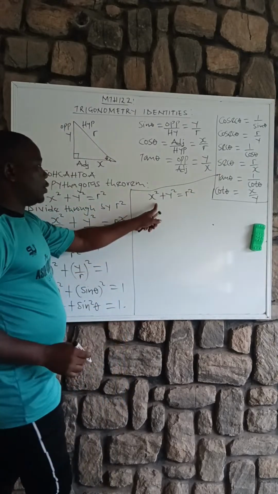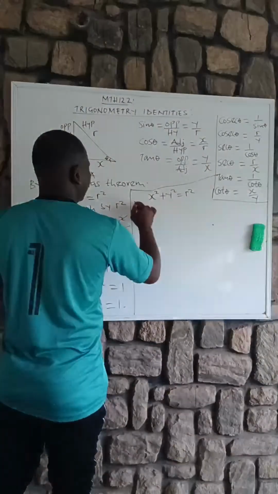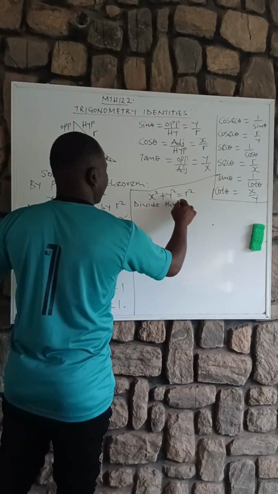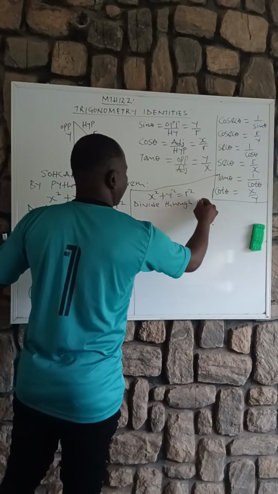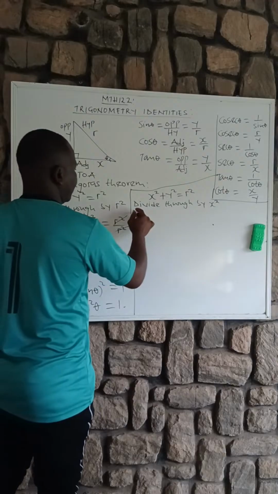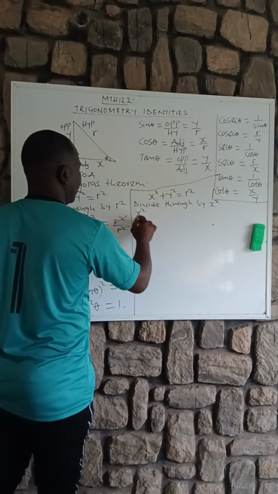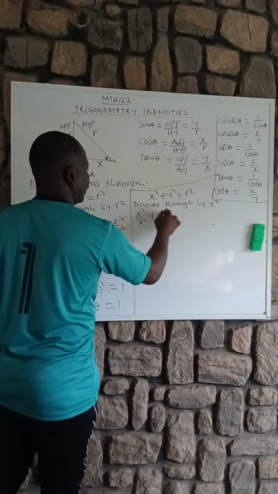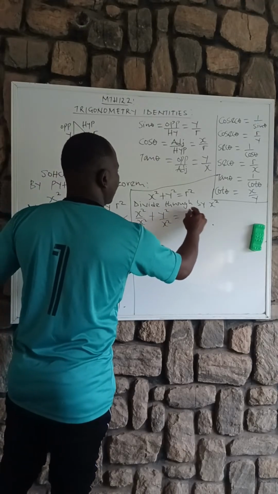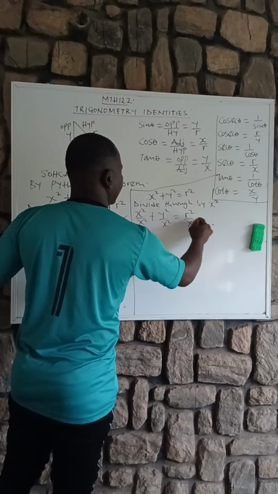So if we divide through by x squared, we are going to have x squared over x squared plus y squared over x squared, equals r squared over x squared.